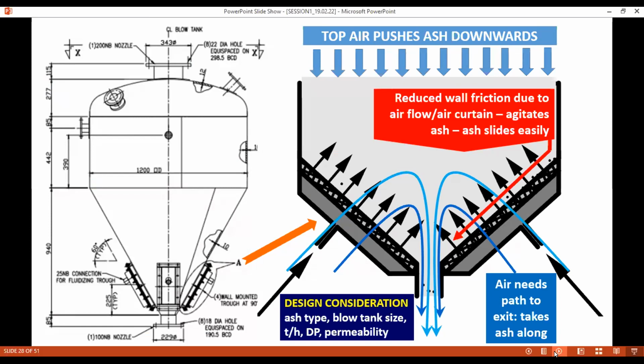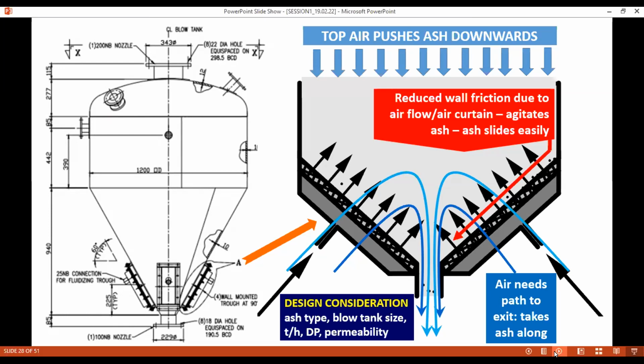Now, in the conical part, there is friction because it is not vertical. So the ash is sliding over that surface. Because of the friction in the blow tank, the tonnage actually reduces.